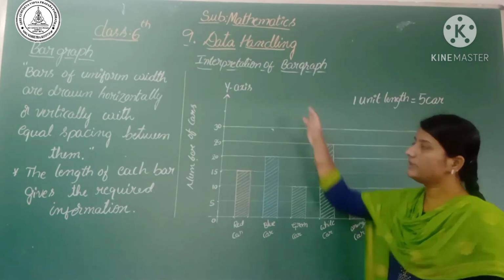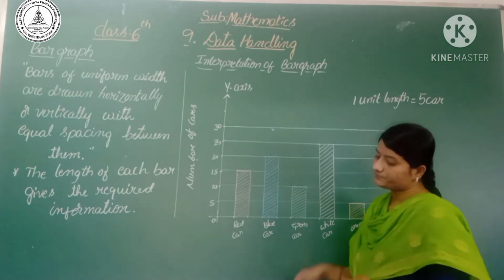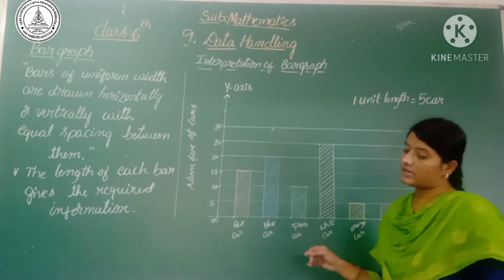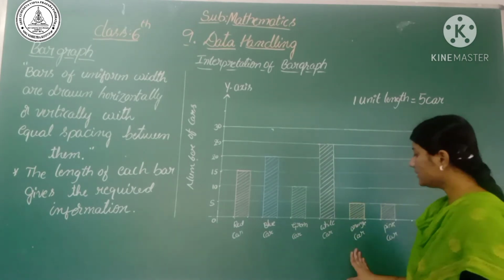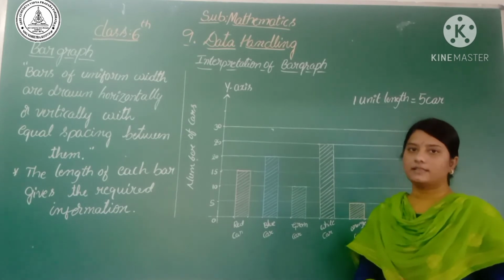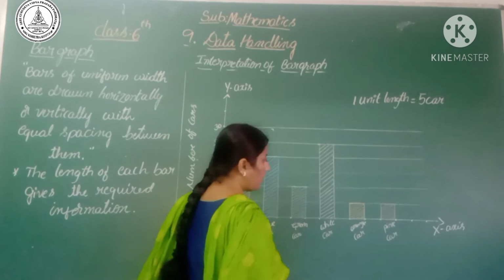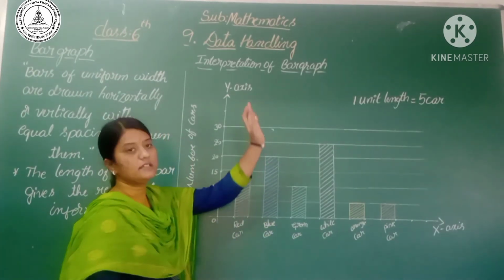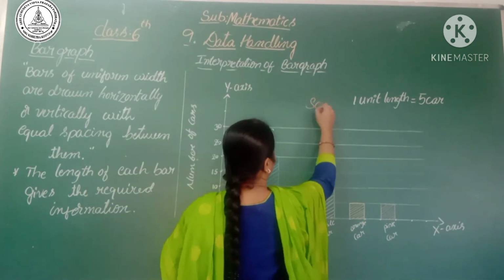Then let's see the interpretation of the bar graph. Here there is a bar graph. It shows the number of cars based on the color type. Read the bar graph and answer the given questions. Especially in the horizontal line, we have to take the first scale.